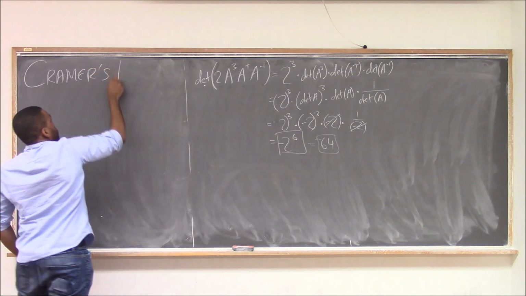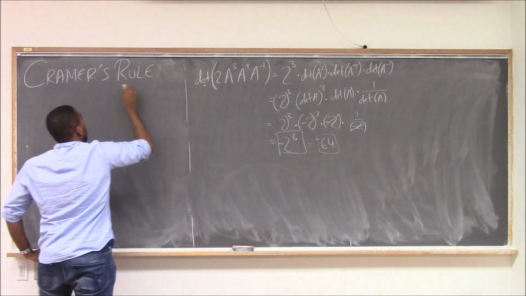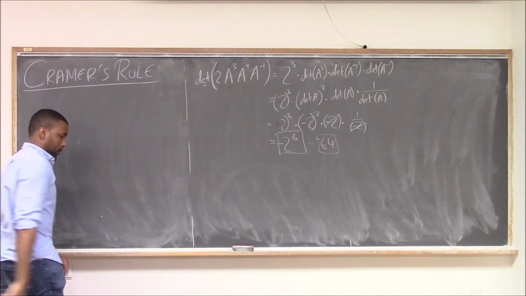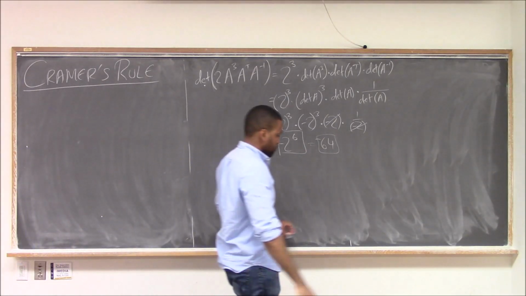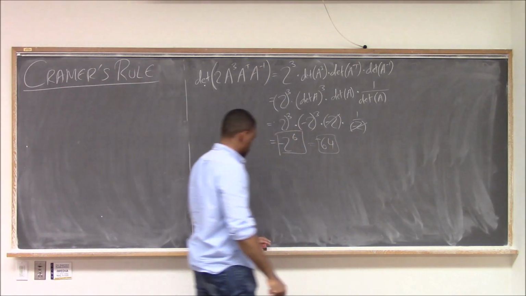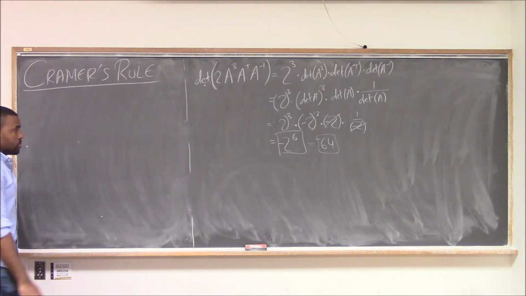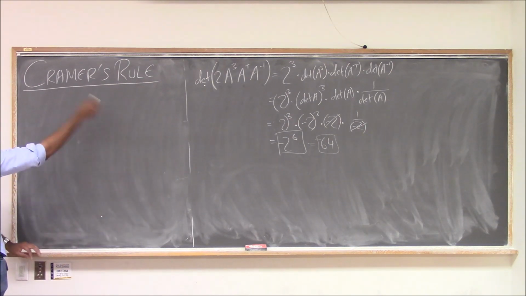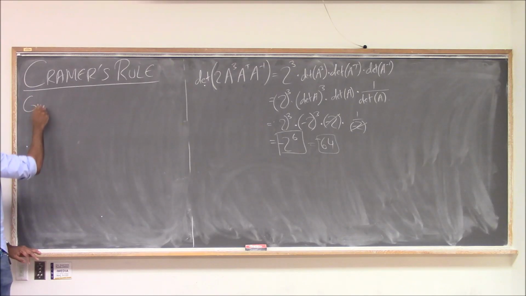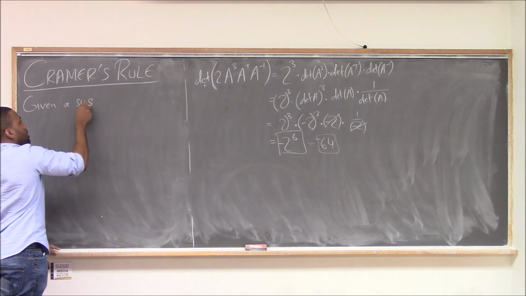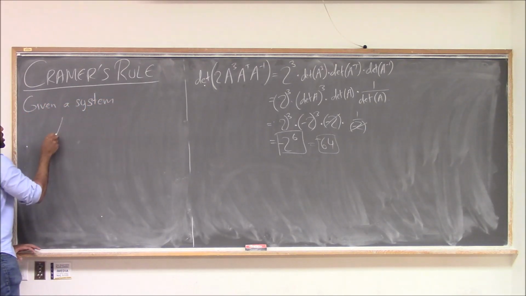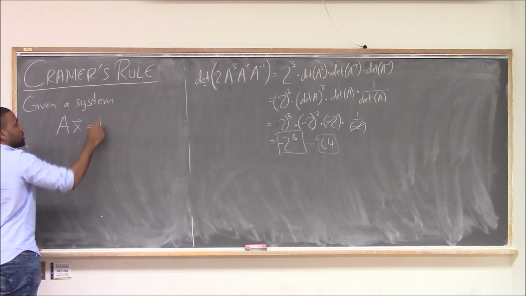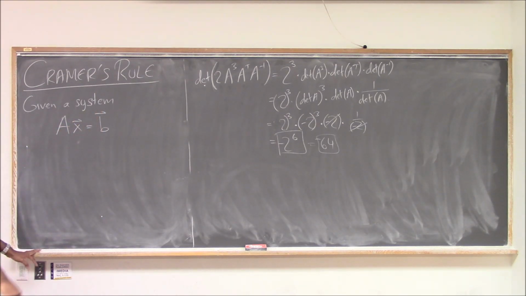And state Cramer's rule in general. So, given a system of equations AX equals B, define the following.